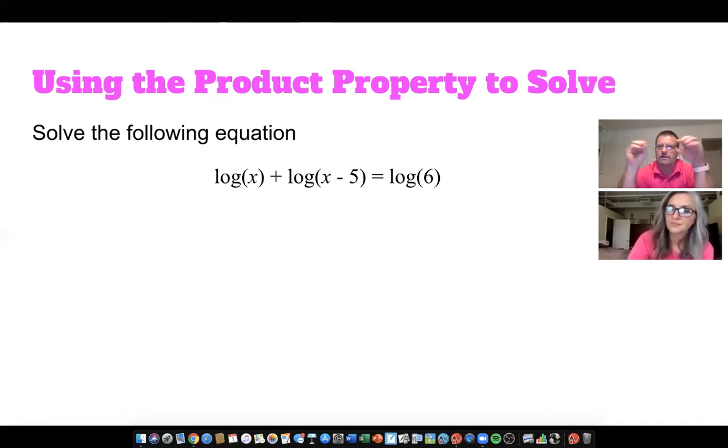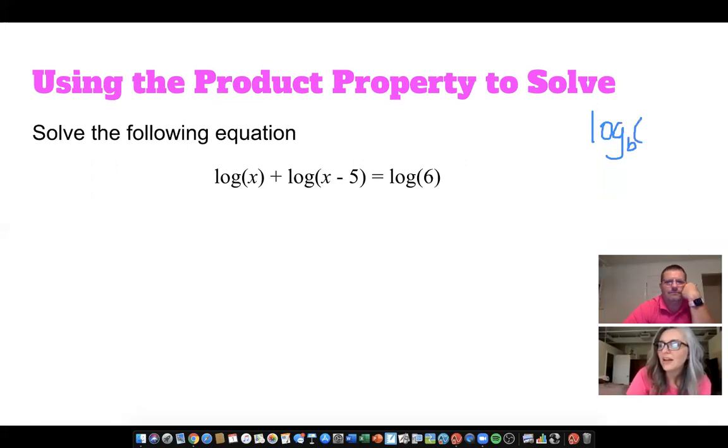Look, log base b of m equals log base b of n. What does that mean? That m has to equal n.